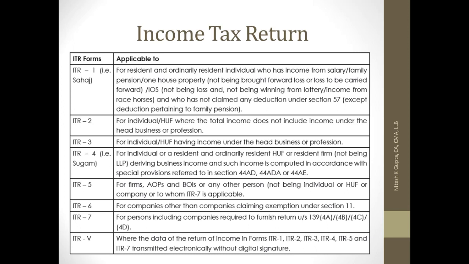Whenever we submit return without signature, without digital signature, or even without OTP or any other manner by which the signature is affixed, ITR V form comes. V is for verify. Then we can verify it by way of signature, OTP, DSC or any other ways. Then only the main acknowledgement will come. So this is the basic details about ITR forms.